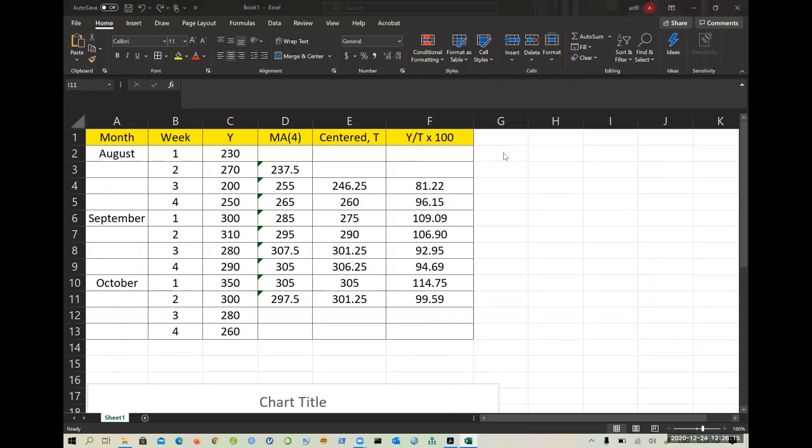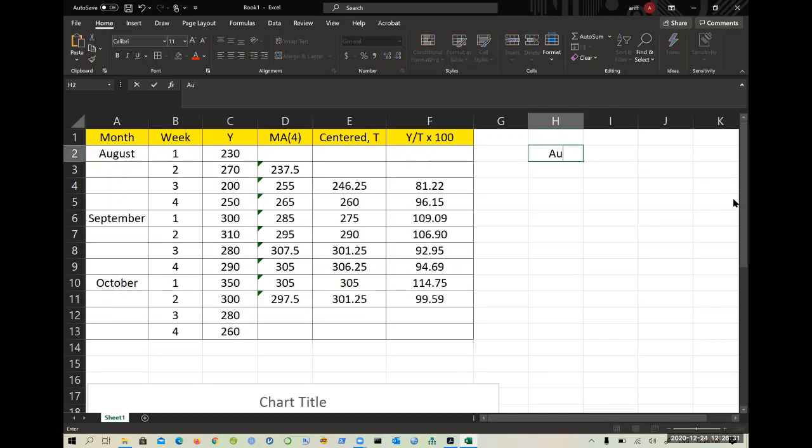Okay, so the next part is to calculate or to estimate the seasonal index. So you need to transfer this data, the Y over T, into a table form, another table form that is the original table form. So here you have the month. Okay, I'm just going to give you the month, so August, and then you have the September.